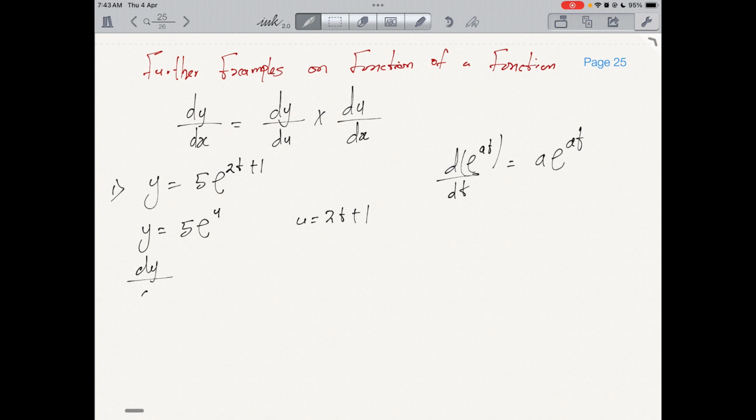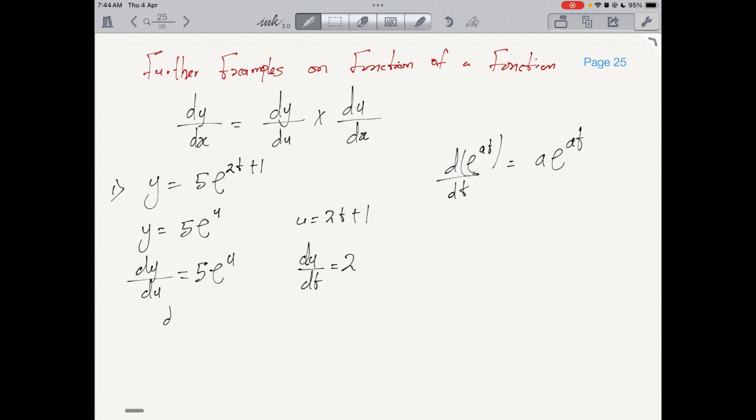Now we can evaluate dy/du, and we can also evaluate du/dt. du/dt is equal to 2, and dy/du will be 5 exponential u, because when we differentiate exponential u, we will have exponential u.